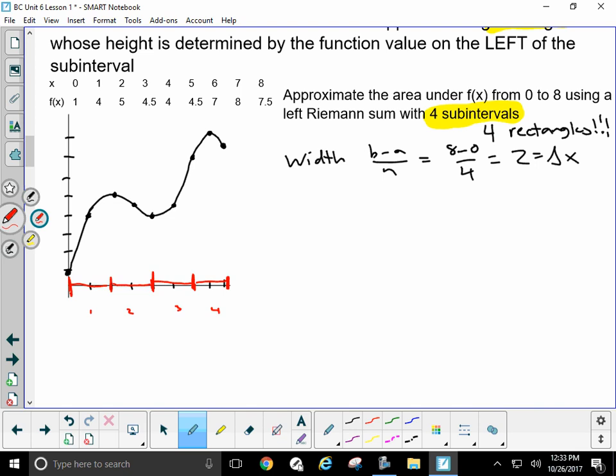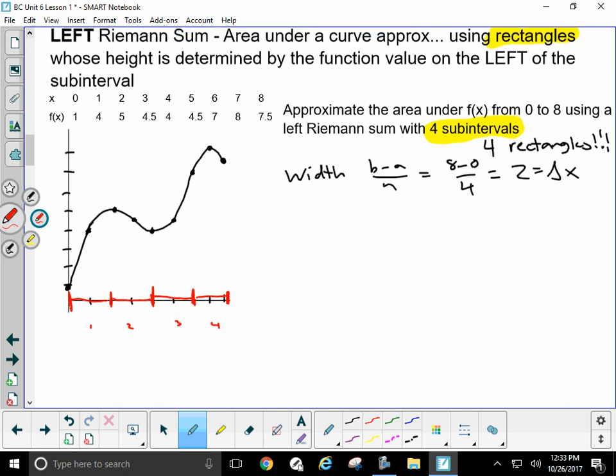Okay, now we laid down our bases. We need a formulaic height, not just a random height that we decide to use. A left Riemann sum, we are using a specific height. The height is going to be determined by the function value on the left of the subinterval. Let me show you what that looks like. Let's look at rectangle number 2. I will go to the base of rectangle number 2, and I'm going to go all the way to the left of that interval, that base.